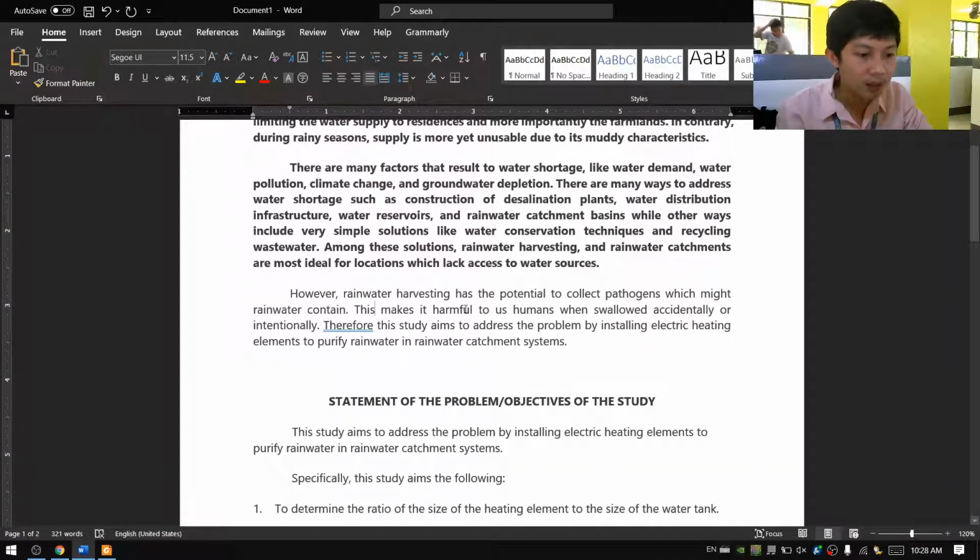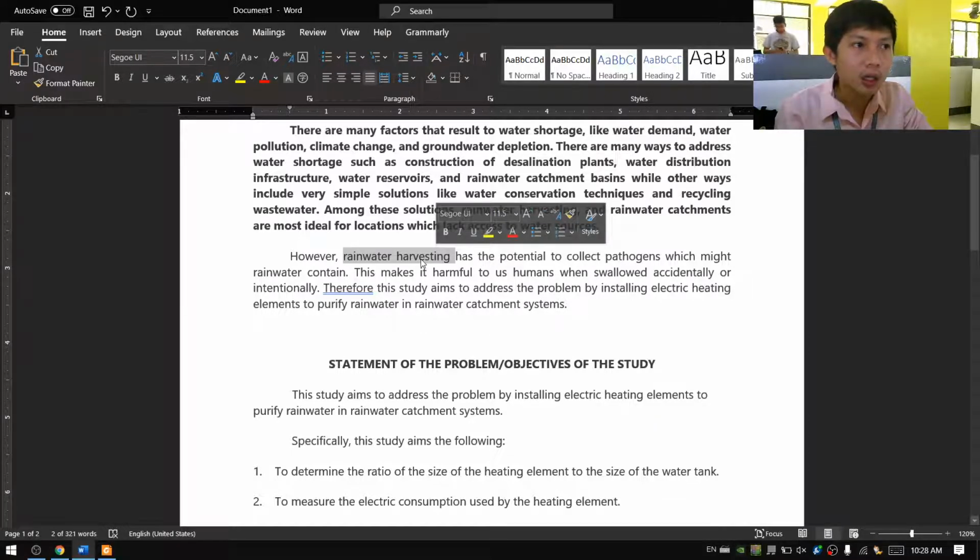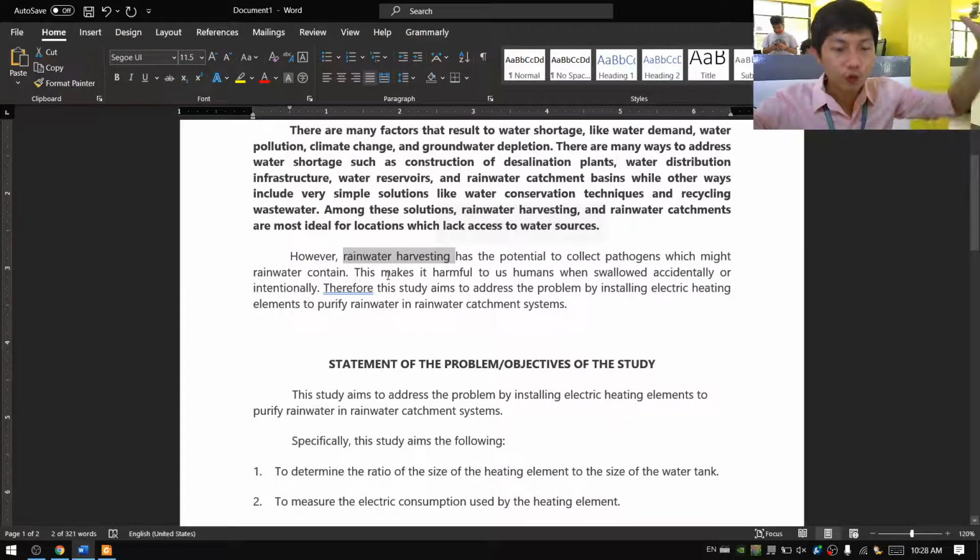Not really harmful, don't really get it. If you employed rainwater harvesting, obviously you should have a treatment. You should use UV. You should have disinfection, or if you collect the water, you boil it before you use it. You don't use it right away.